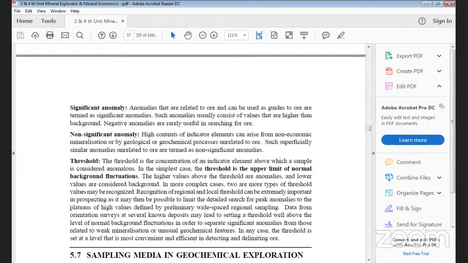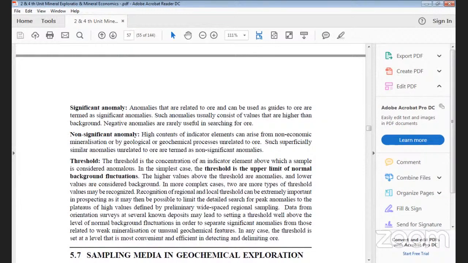Then again, we need to compare with the previous one. Previous one means the previous recognition survey: which sample areas had the background values, and how many samples exceeded the normal background values.